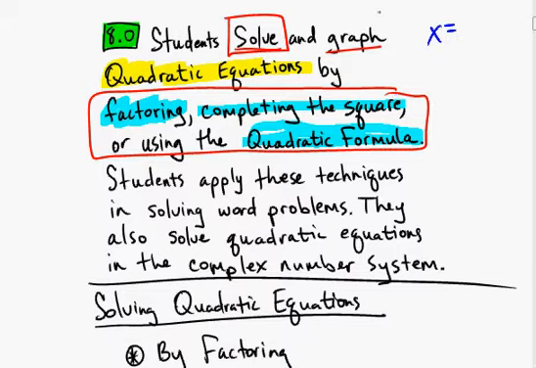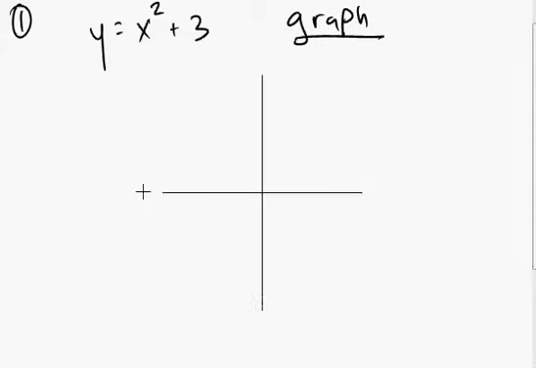The other part of the standard is that you have to be able to graph these. So here we go. Question 1 says y equals x squared plus 3. And you have to graph this. Okay, so first of all, is this a quadratic equation?